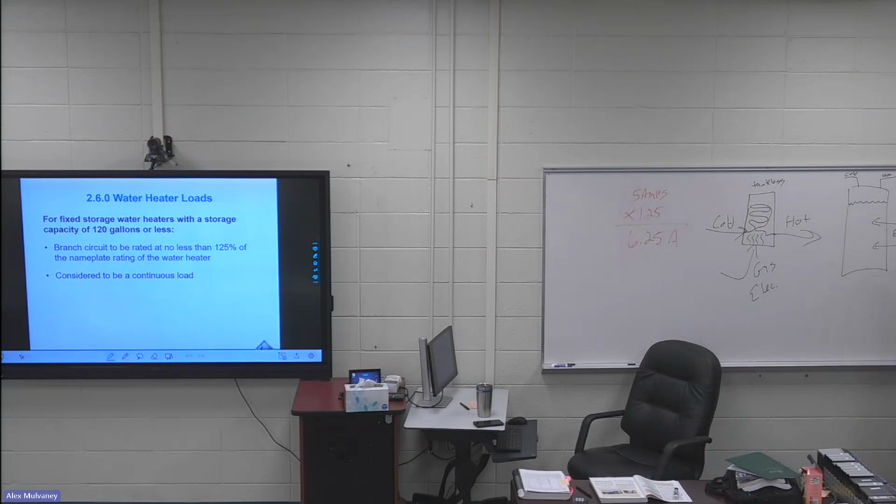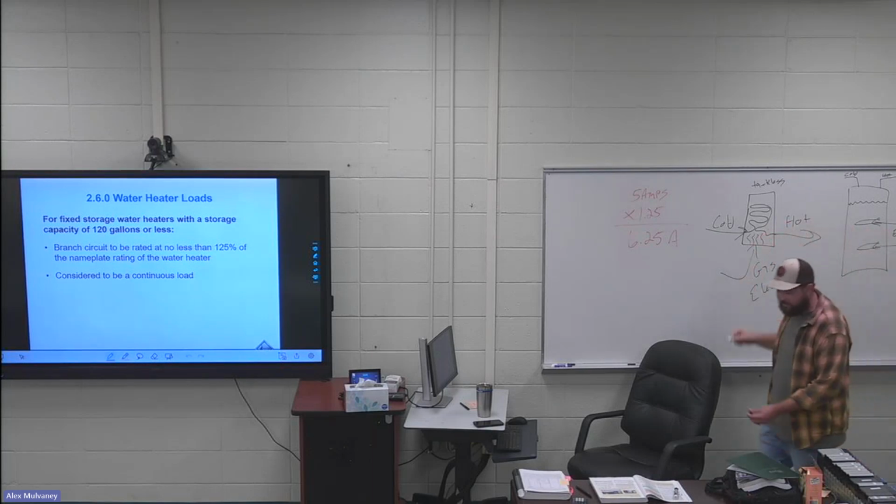But if this was electric, I've got two elements, and as the level goes down there's a little switch or float, and then there's a thermostat. Whenever the temperature goes down, because of cold water coming in and hot water going out, it kicks on these heaters, right? But I'm storing the water. Does that make sense? This is a storage type water heater. A tankless one is not.